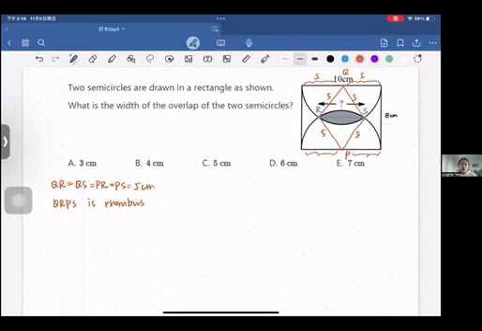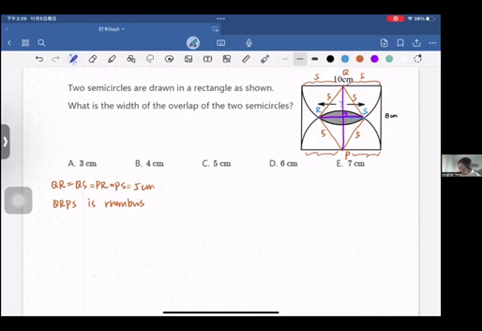Then we can apply some properties of the rhombus here: the diagonals of a rhombus bisect each other at a right angle. RS is one diagonal, and QP is the other diagonal, and their intersection is perpendicular, so this is a right angle.